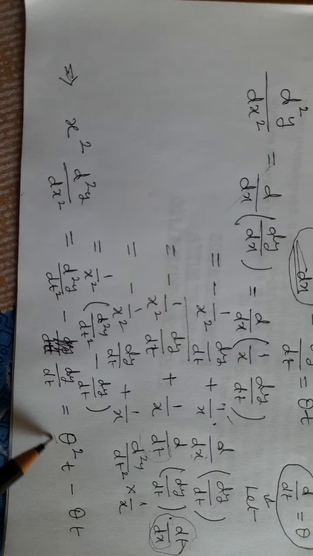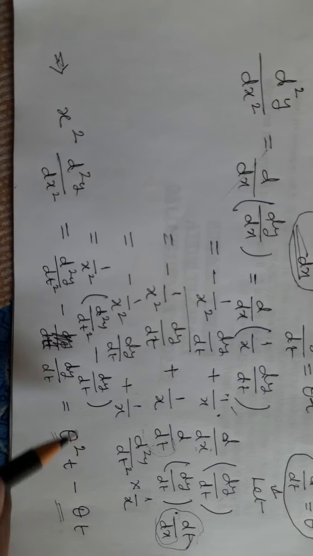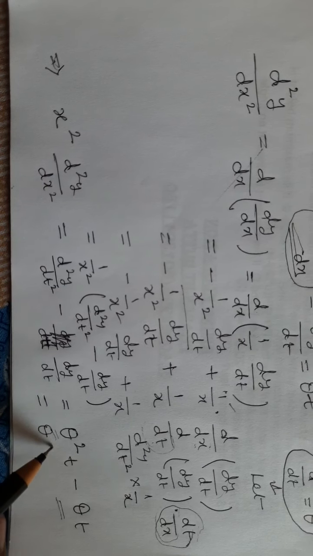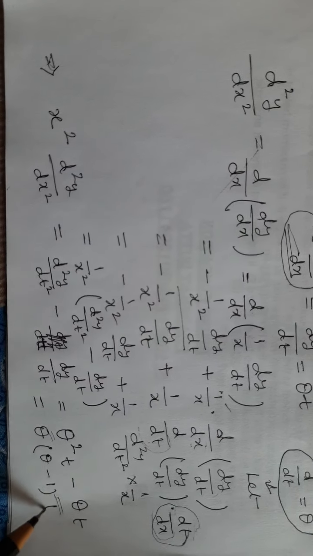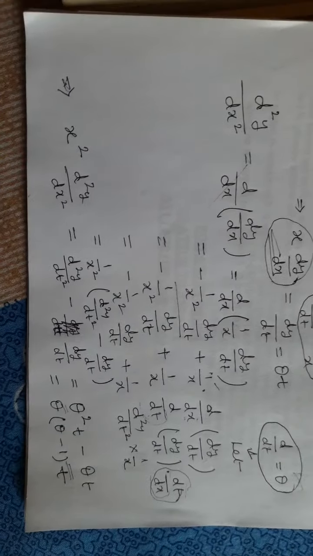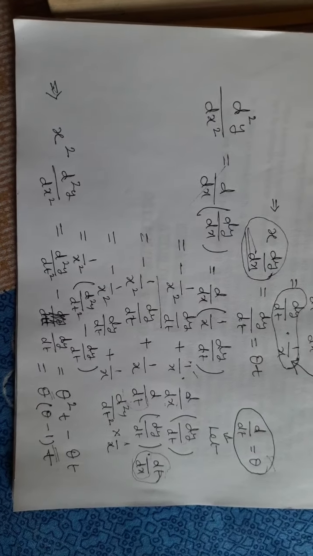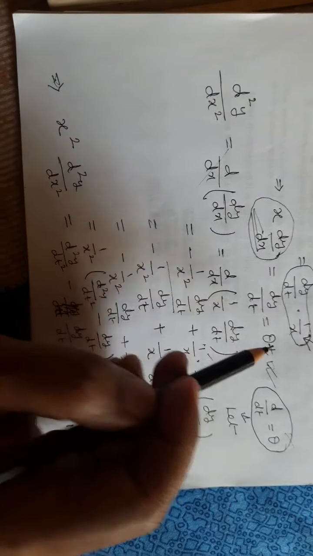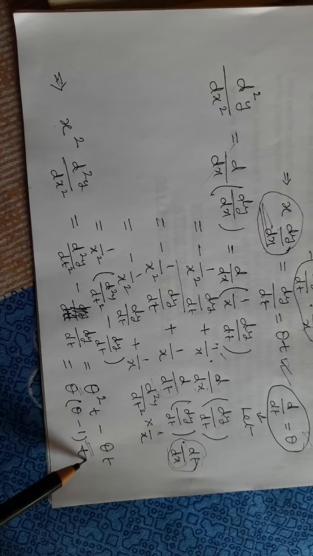For d square y by dt square we put theta square y, and for dy by dt we put theta y. Taking theta common, we get theta into theta minus 1 into y. Then x dy dx equals theta y, and x square d square y by dx square equals theta into theta minus 1 into y.